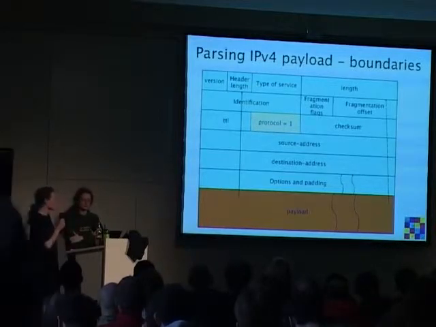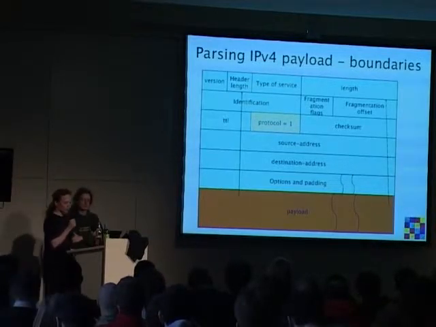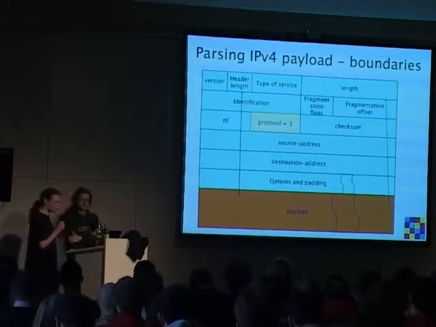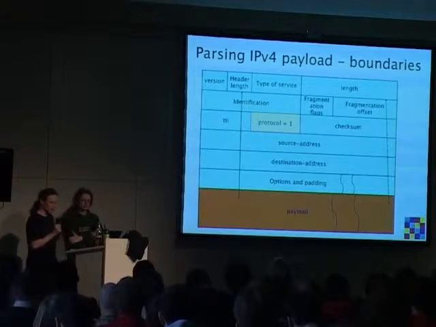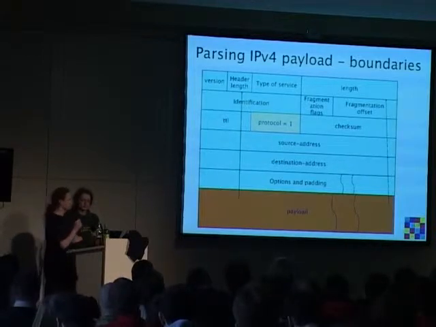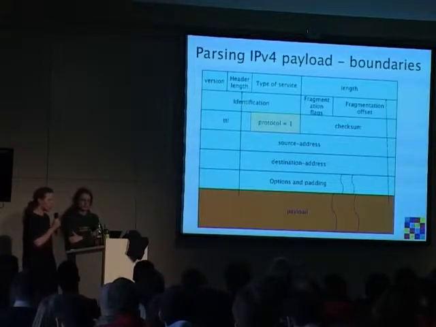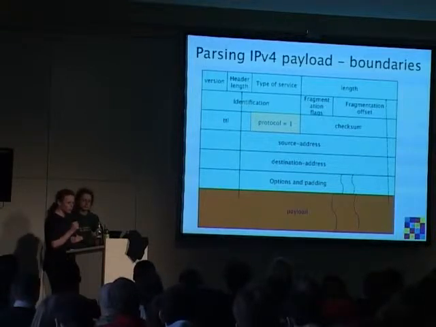So once we have it, like 1 is ICMP, we have to look up where the payload starts and where it ends. So we have to access the header length and the length field in the IPv4 frame.